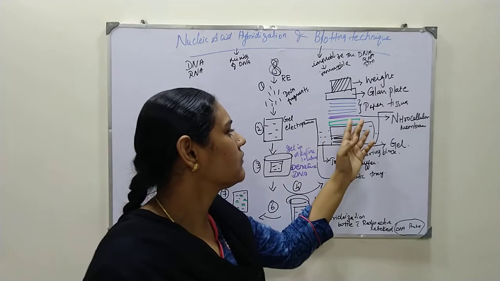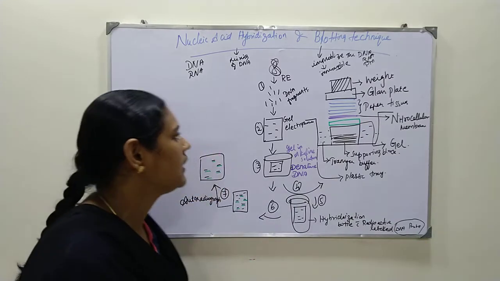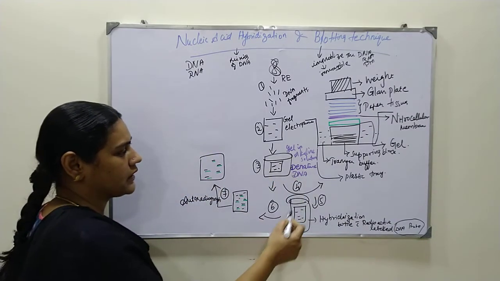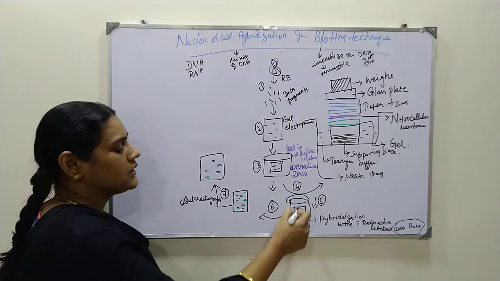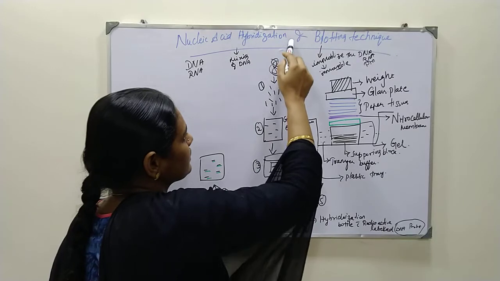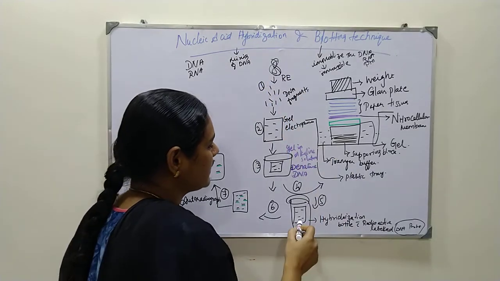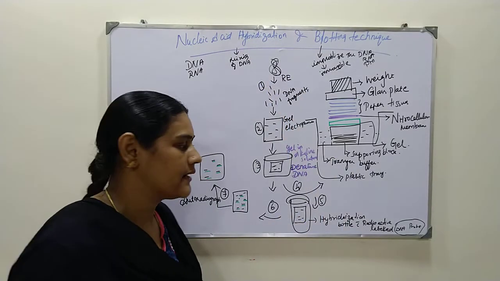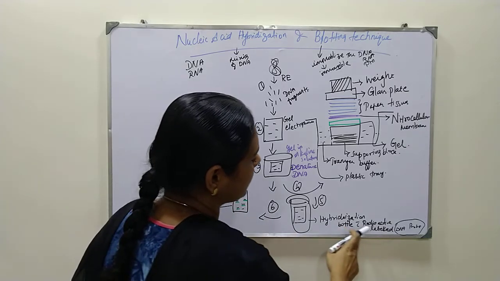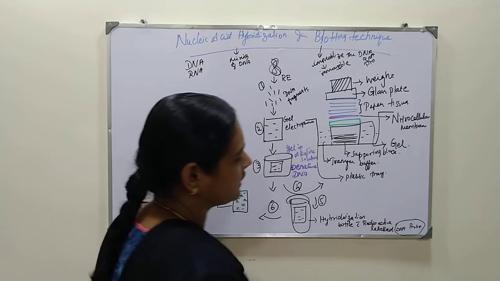After that we remove the gel and put the membrane into the hybridization bottle. That is the fifth step. As I said, hybridization means mixing of DNA. Here the DNA will be single stranded. The bottle already contains a radioactive labeled DNA probe.